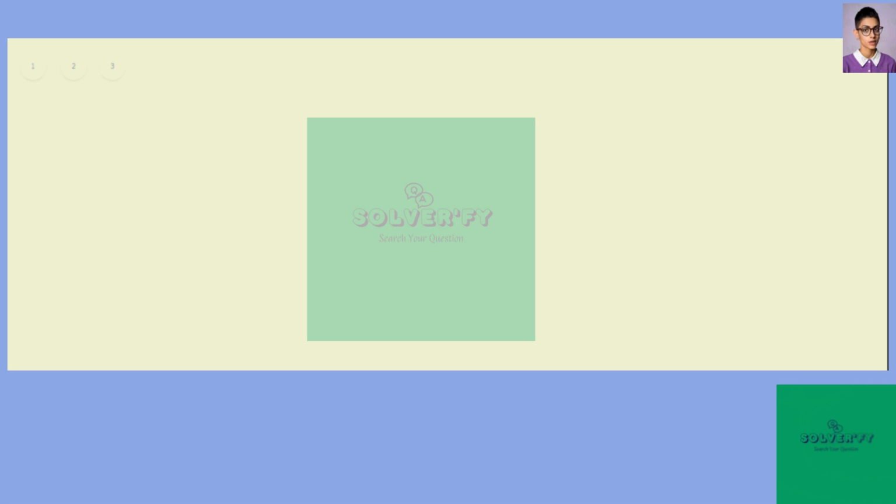Okay, so let me redraw this quickly. So here we have our protonated alcohol. So the oxygen only has 1 lone pair and it has a positive charge on it.